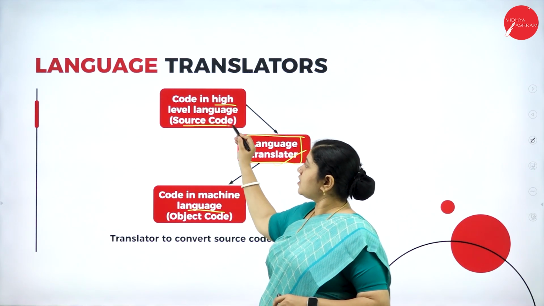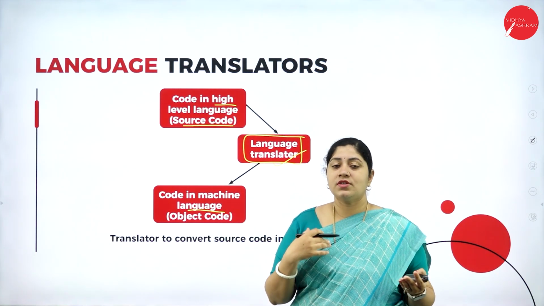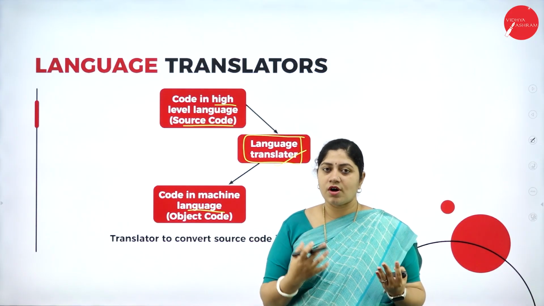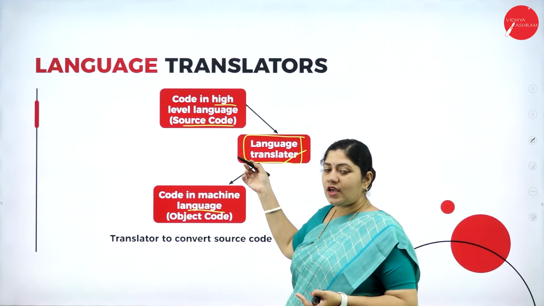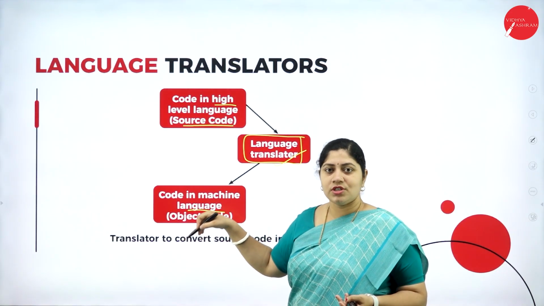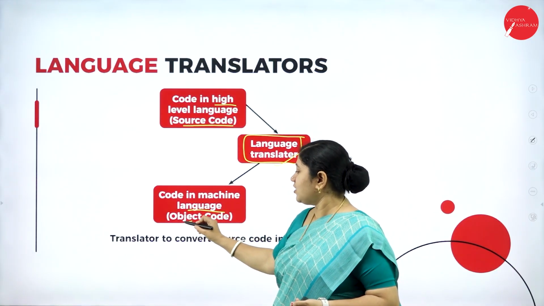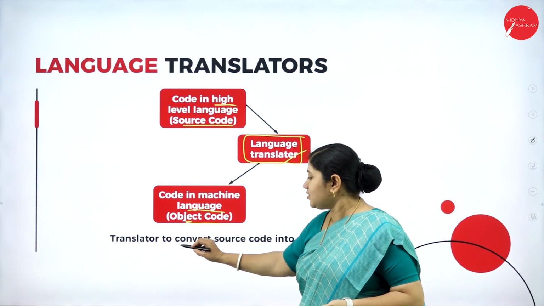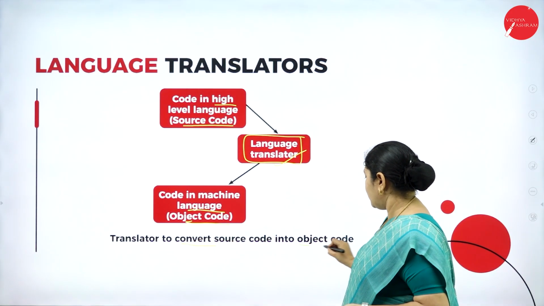Source code is nothing but the code whatever we write. That's the information inputted in English words or letters, we can call it a source code. Now it has to be translated into the machine understandable language. That's nothing but the object code. So yes, you can observe translators are used to convert the source code into the object code.